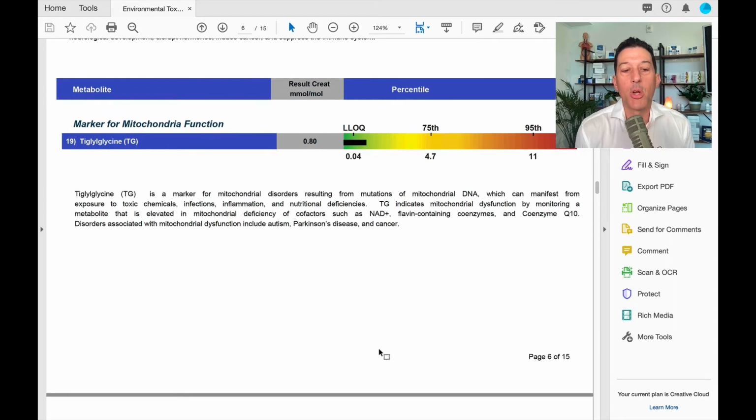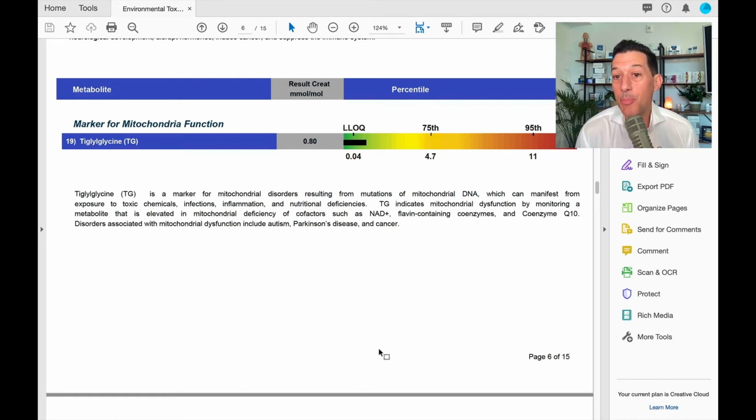Then we move to the next one, which is always an interesting one for me to pronounce, so I'll do my best here. It's tiglylglycine, TG, and this is an important one because we don't necessarily look at this from a specific toxin, but we look at how this particular marker is affecting the overall mitochondrial health of the individual.